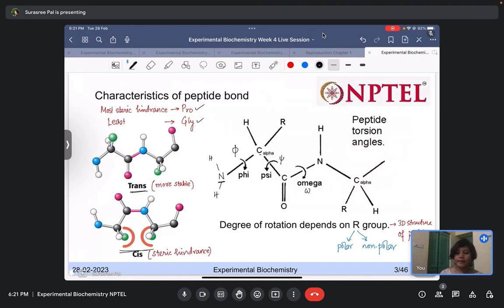Now there is another angle which is formed between C alpha and the carbon of the carboxyl group. So the C alpha and the carbon of the carboxyl group, that is the angle which is called psi. So this C alpha to C bond can rotate by which angle? That is called psi.